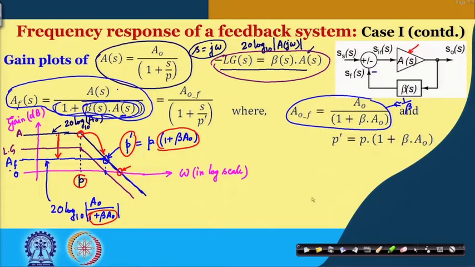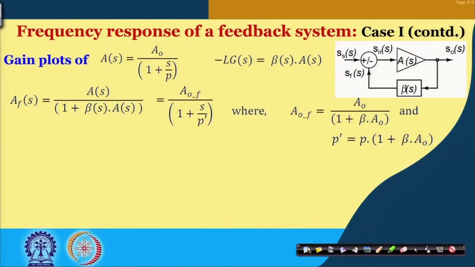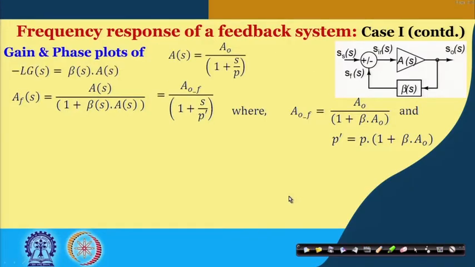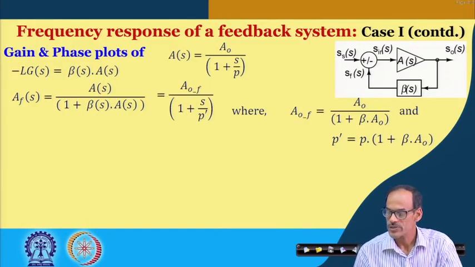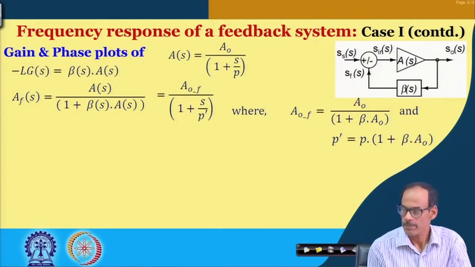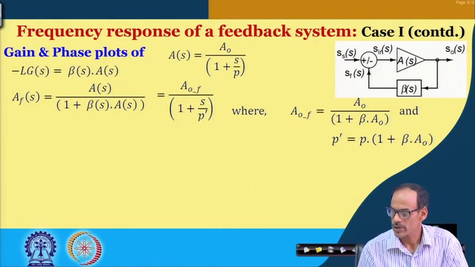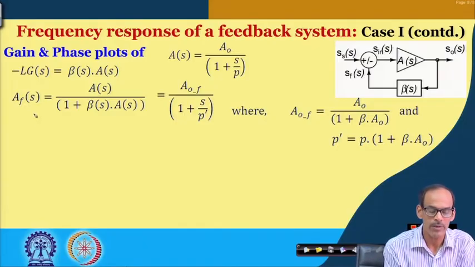Okay. So, let me clear this board and then come back to the gain and phase. Yes. So, if I consider gain and phase together as we said earlier, let me quickly redraw the gain part.